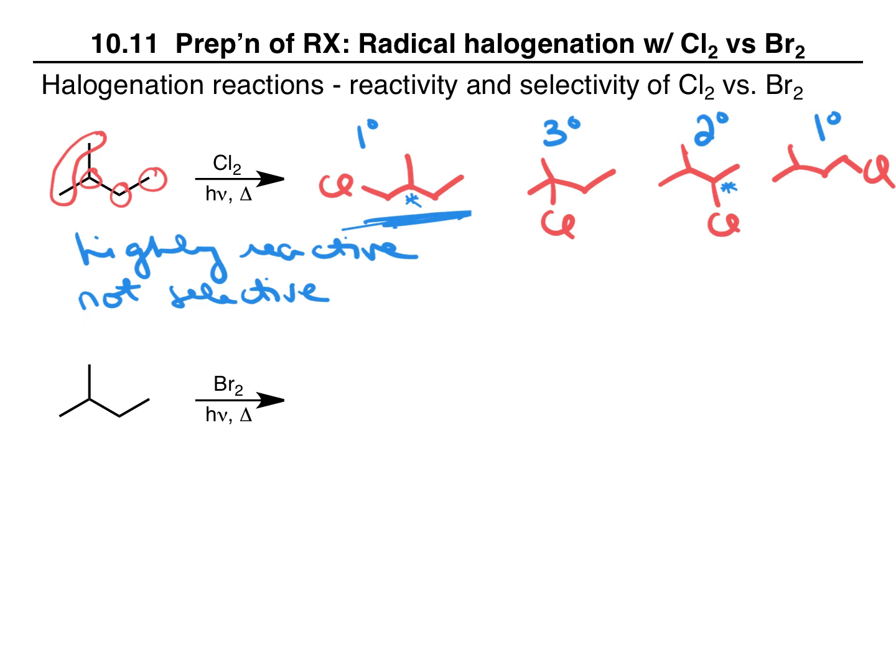But we also have to keep in mind the number of hydrogens that are present. There's only one hydrogen that can be abstracted to form this tertiary radical, whereas there are 6 hydrogens that could be abstracted to form the primary radical that leads to this product.